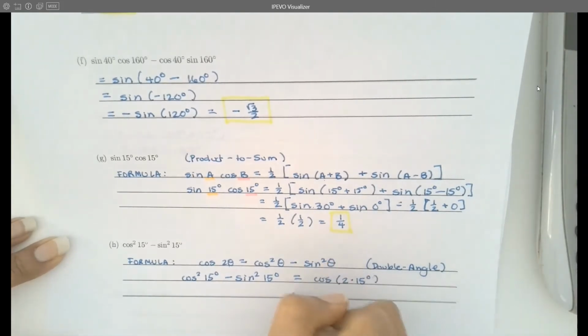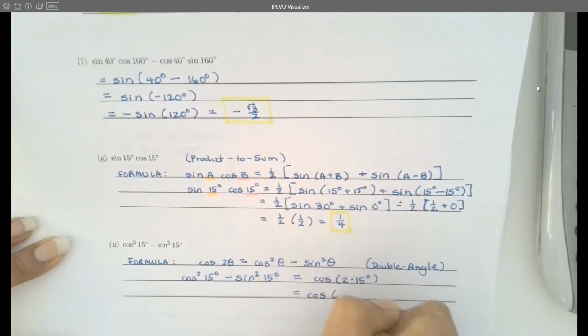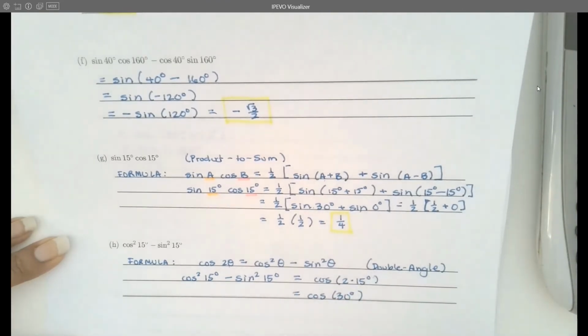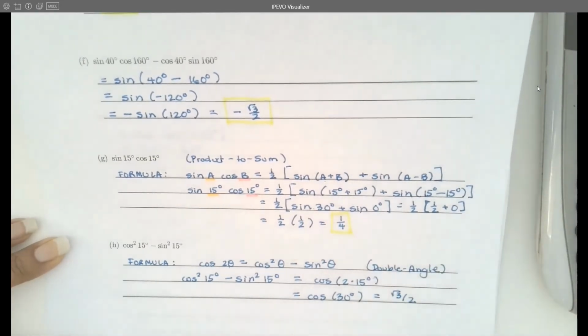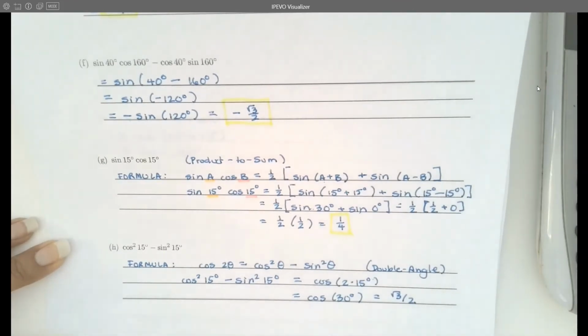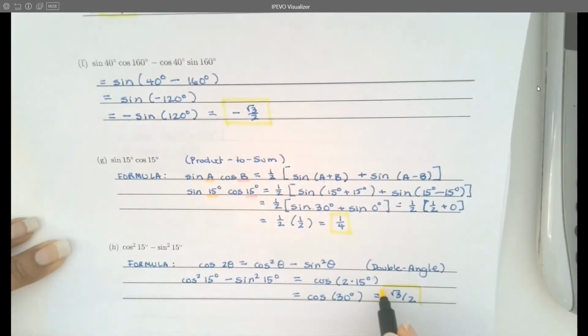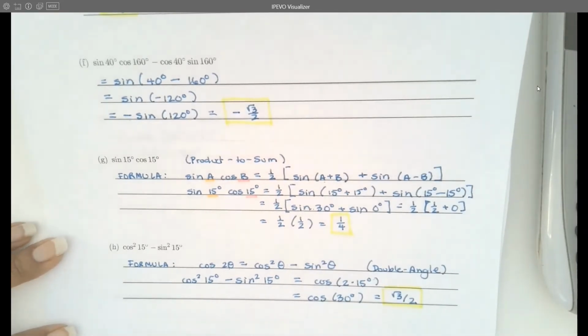Okay, then that'll give me a cosine of 30 degrees. And cosine of 30 degrees, if you take a look at the unit circle, that is going to be square root of 3 over 2. Our final answer for this problem is square root of 3 over 2.